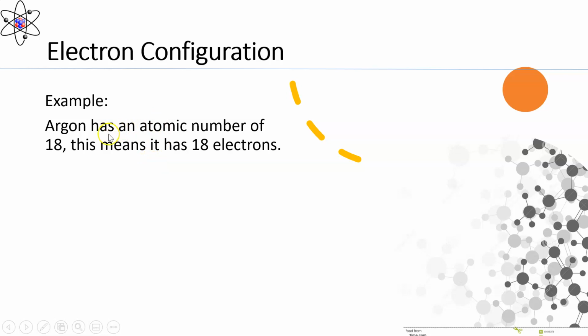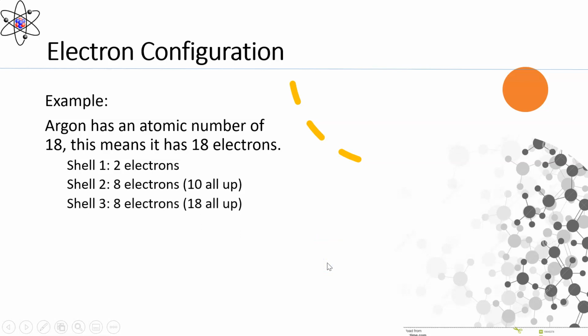Okay, if we look at argon, argon has an atomic number of 18. This means it's got 18 electrons. Shell 1 can only hold 2 electrons, remember. Shell 2 has 8 electrons, and can have 10 all up. Shell 3 has 8 electrons. It can have 18 all up, but it depends on the atom how the electrons are arranged.